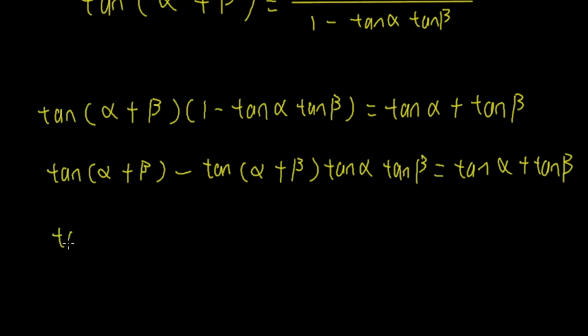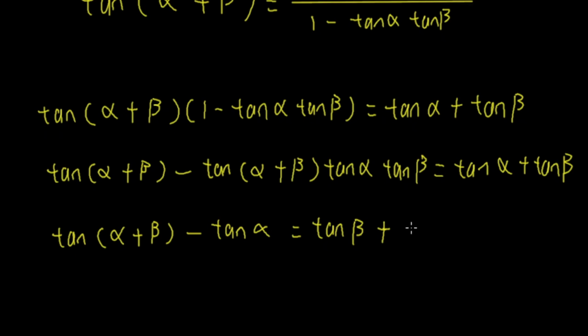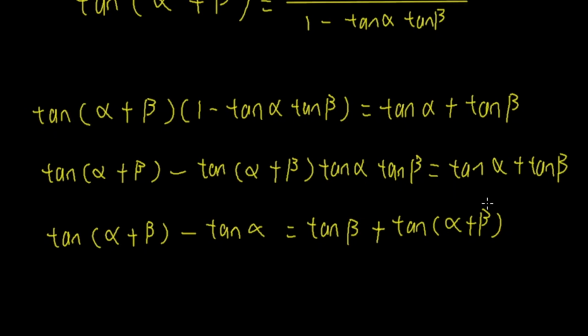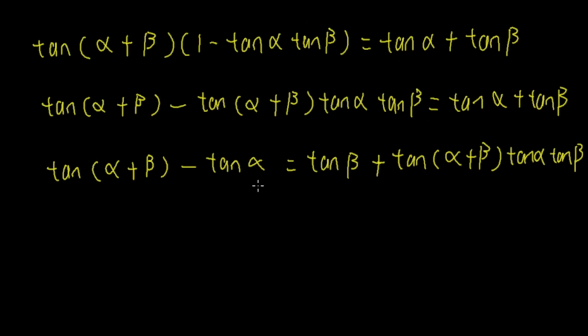So I have tan alpha plus beta minus tan alpha is equal to tan beta plus this, tan alpha plus beta times tan alpha tan beta. Now divide both sides by tan beta so that we can get rid of the tan beta here.